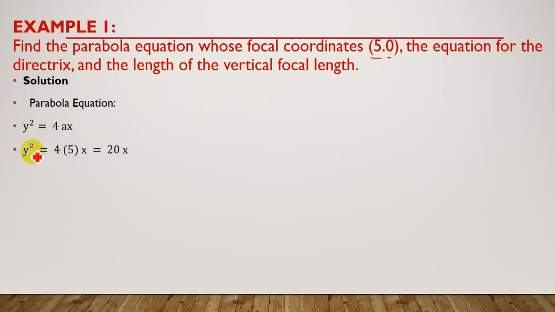So we will have a with 5, and we will have y square equal to 20x. The directrix equation is x plus a equals 0, so it will be x equal minus 5. And it's possible to say, okay, if a equals 5, our directrix will be minus 5 because it should be in the other direction and equal exactly to this one.